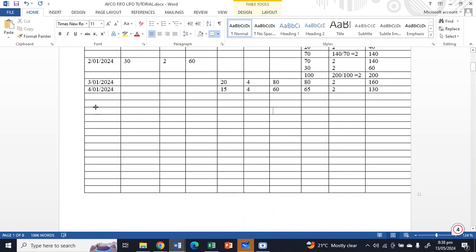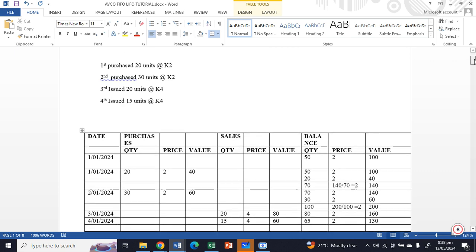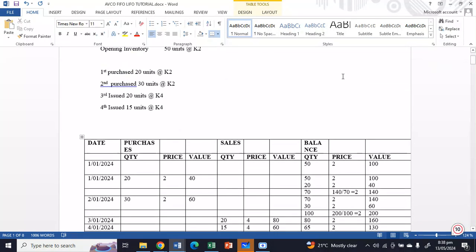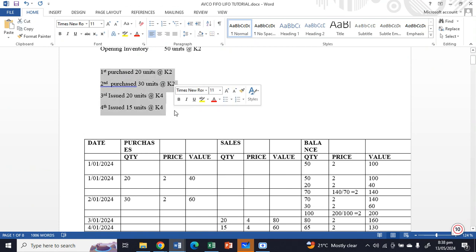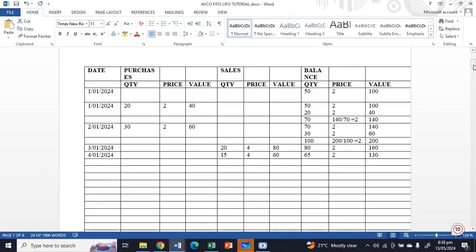Okay, so we can also find the gross profit for this company. Let's just say these are the only 4 transactions that happened in the month, and we want to find the gross profit of the month. All right, so remember the trading account which we did in financial accounting.